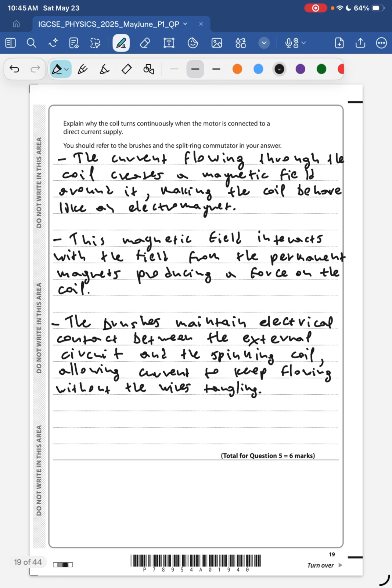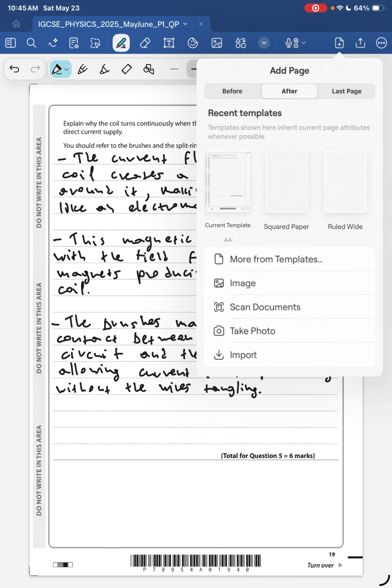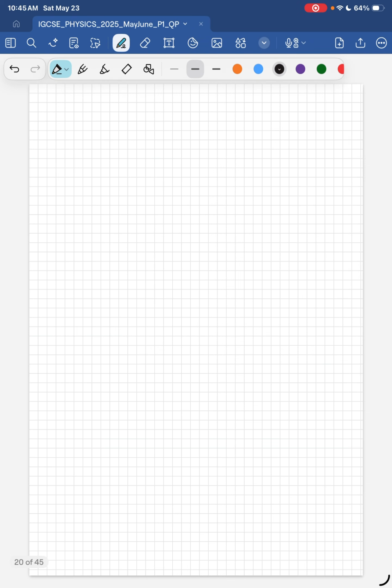The next thing we need to write, let me use a clean page because I ran out of space.